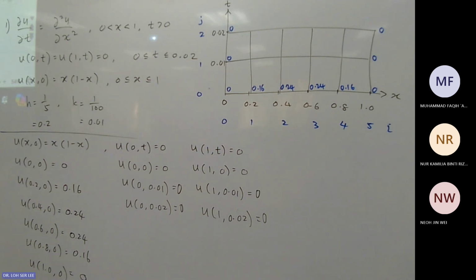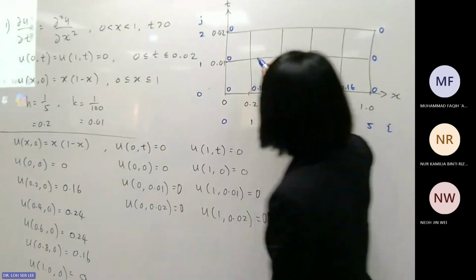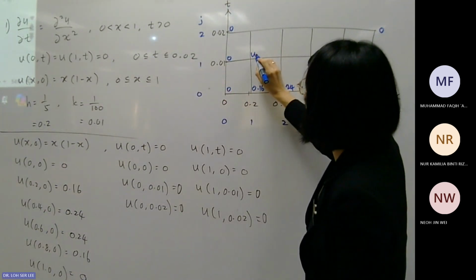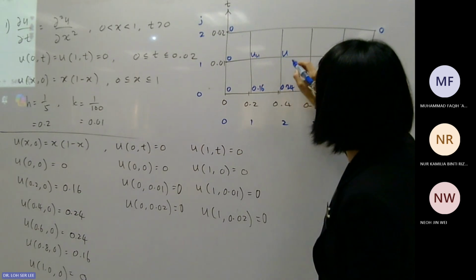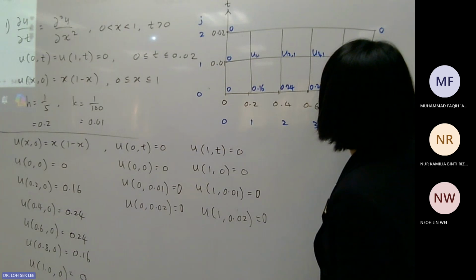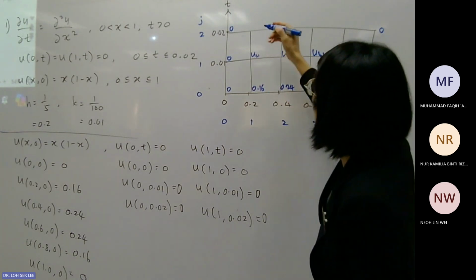So your internal points, this is U 1 1, so U 2 1, U 3 1, U 4 1.